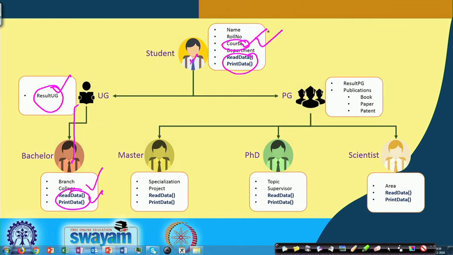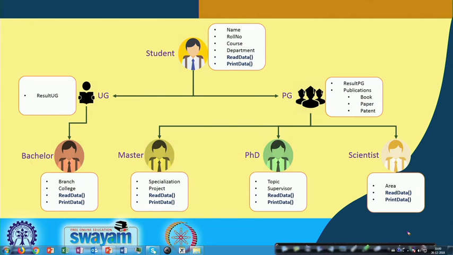All those classes can be declared in the package and I can use them by means of import and others. In this way the Bachelor class can be declared, and likewise the Master class, PhD and Scientist classes. They are different classes because they have certain fields or methods which are not there either here or there. That is why the different class compositions are to be taken into account.